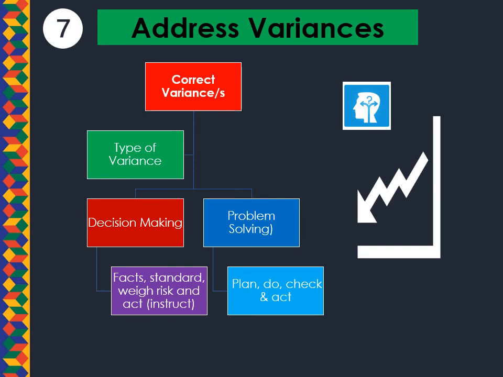Step 7, address variances. Naturally, if variances are positive, the supervisor will recognize the team for that positive variance. Negative or unacceptable variances require immediate action from the supervisor, and this action can be based on whether the variance is a routine one or a non-routine one.